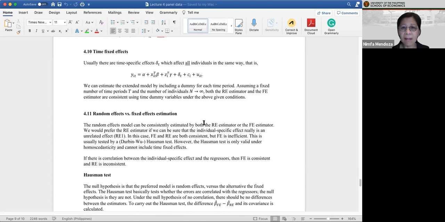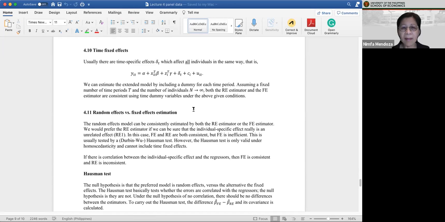And if you incorporate this, you need to have dummy variables. So this is different from the unobserved effect c sub i and the idiosyncratic error u sub it. So delta sub t is the variable; the dummies would be observable.